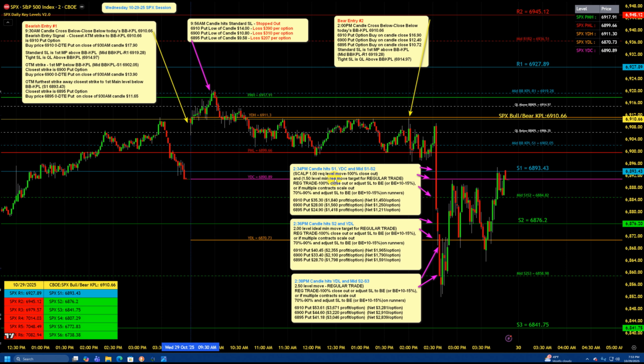Our view of scalps with the strategy is that when it meets the one level move, you're closing out all of your contracts, whether you're trading 1, 2, 3, whether you had 5 put options, 10 put options, 50 put options. If your strategy is that you're just scalping, then when it hits the one level required minimum move for the scalp, you're closing it out.